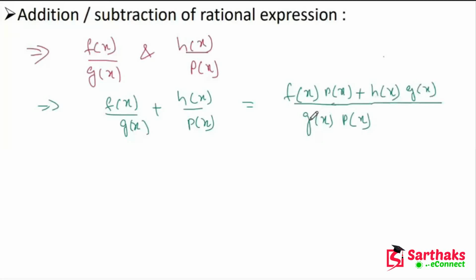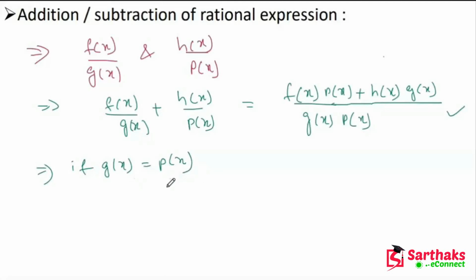Okay, so if the denominators g(x) and p(x) are equal, then this is our result. Now if g(x) is equal to p(x), what is our answer?